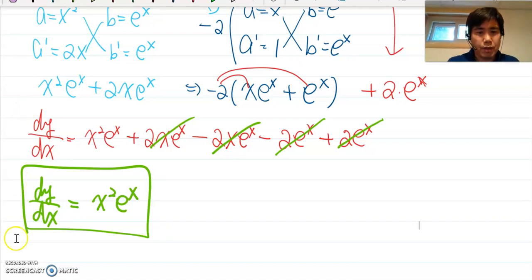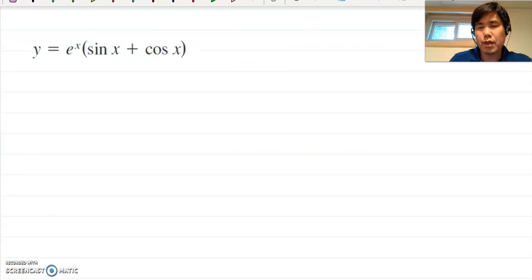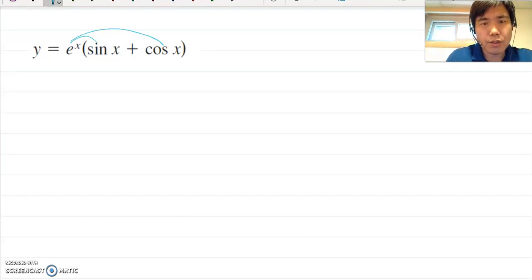Okay, so let's continue to the next problem. y equals e to the x times sine x plus cosine x. So for these questions, you may think we had better distribute and do that. That's one method too. That's correct. However, this is already e to the x times sine x plus cosine x, in combined form.